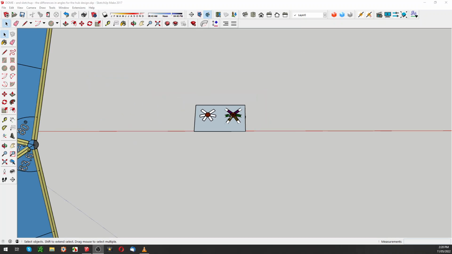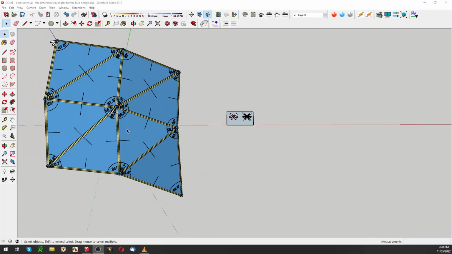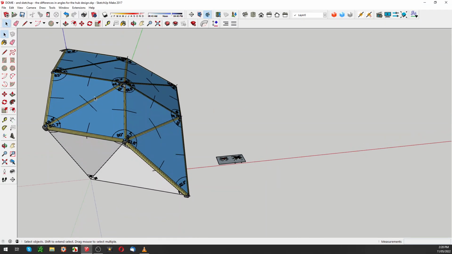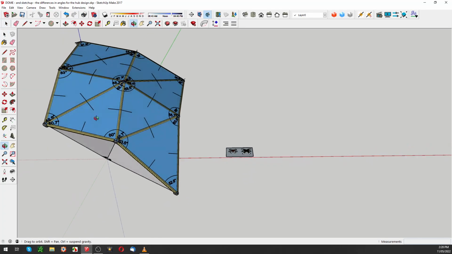I based this model off of what I think, well, it is an accurate honeycomb model.